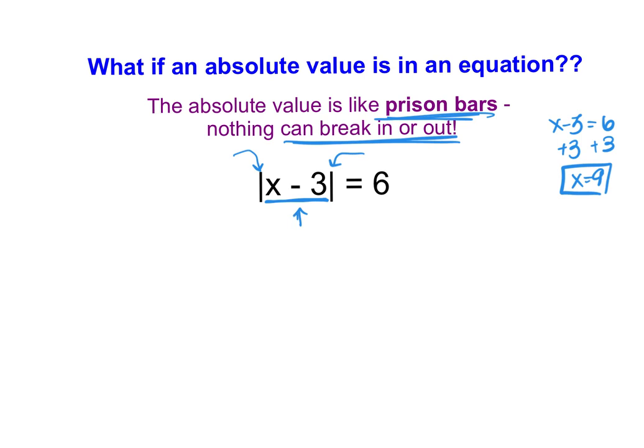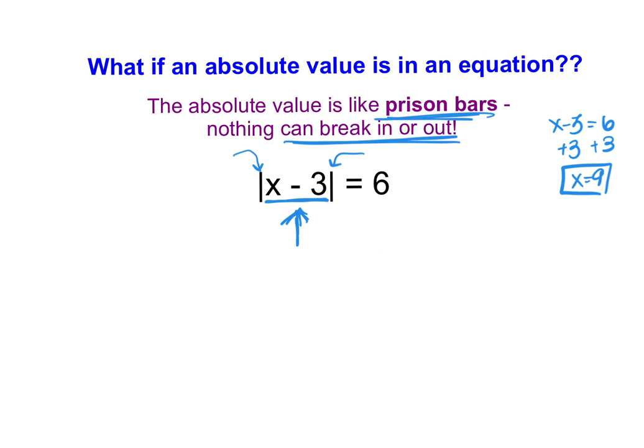Instead, we have to think about what the middle of this absolute value function could equal. We have something inside of an absolute value equals 6. So what possible numbers could the inside piece equal in order to produce a distance from 0 of 6?